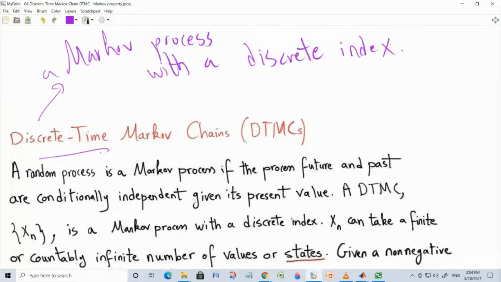Okay, so we talk about discrete time. Discrete time here refers to a random process whose index is, specifically in our case, a non-negative integer.